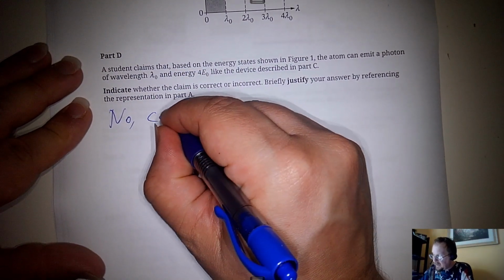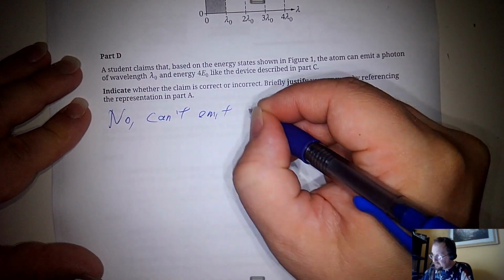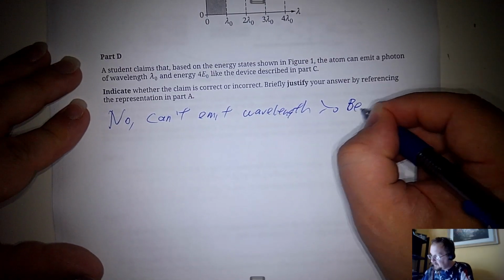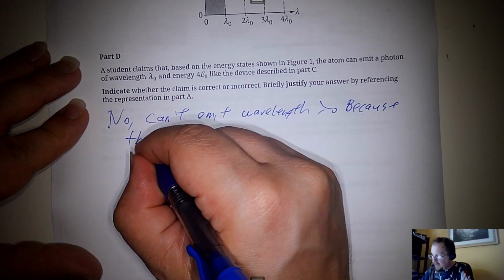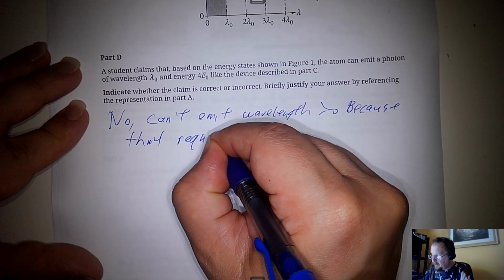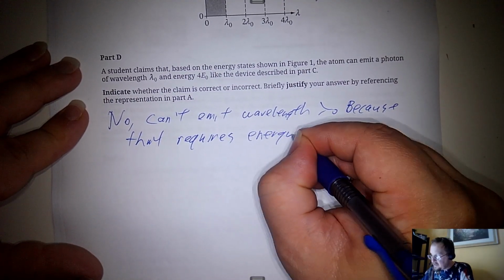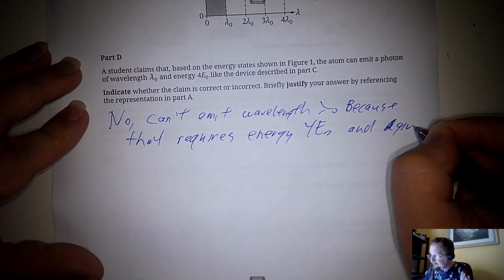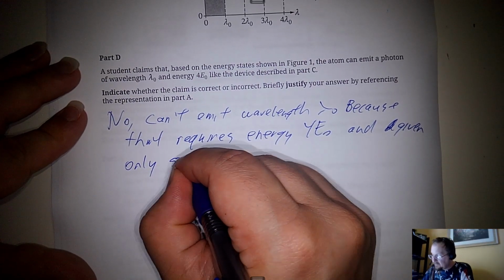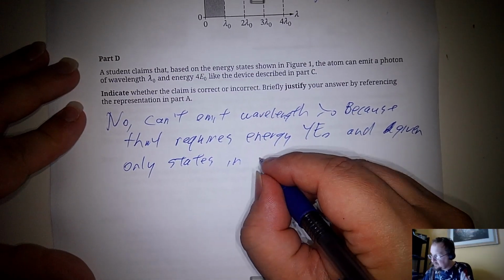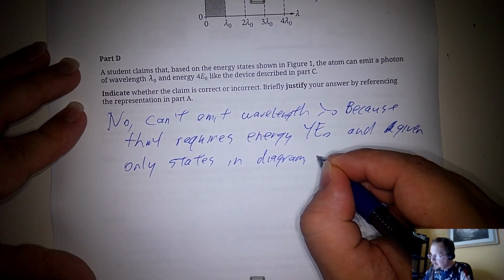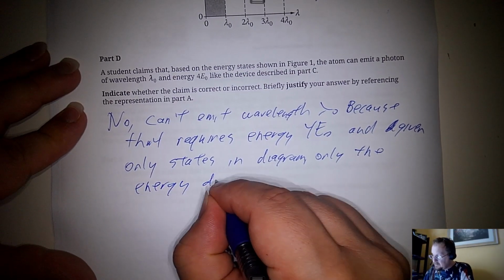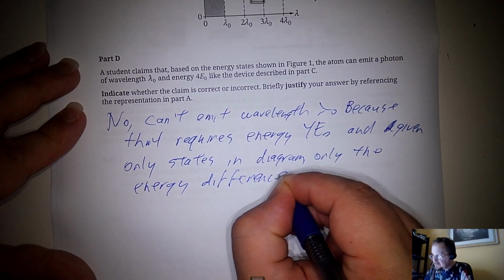No, you can't emit wavelength lambda naught, because that requires energy 4E naught, and given only the states in the diagram, only the energy differences.